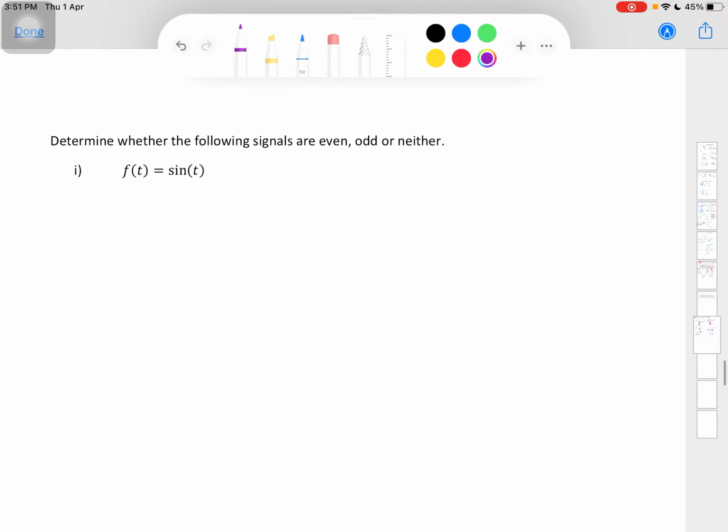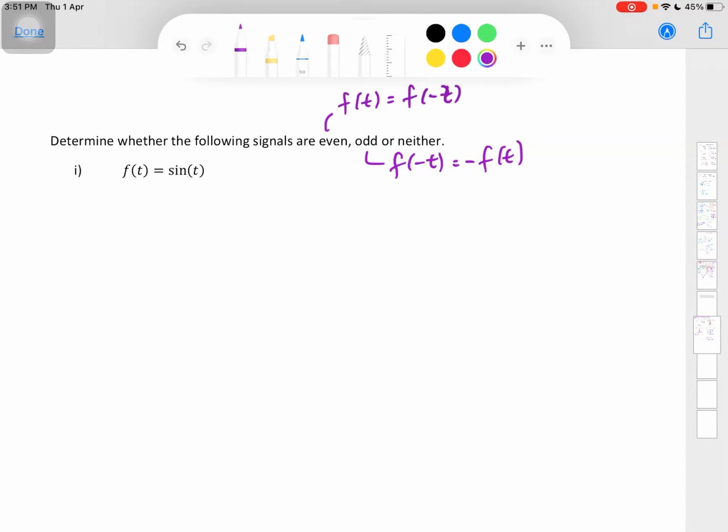To check for evenness, we use f of t equals f of minus t, and to check for oddness, we use f of minus t equals minus f of t. If it doesn't satisfy both equations, then we say the signal is neither even nor odd.